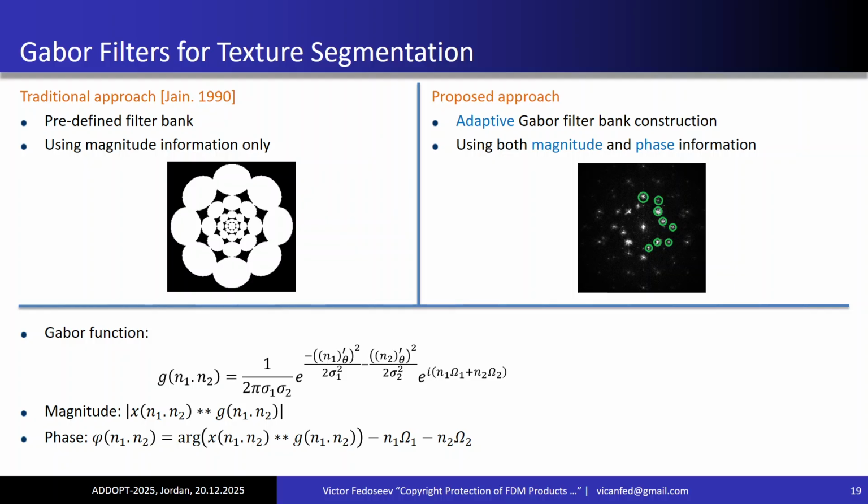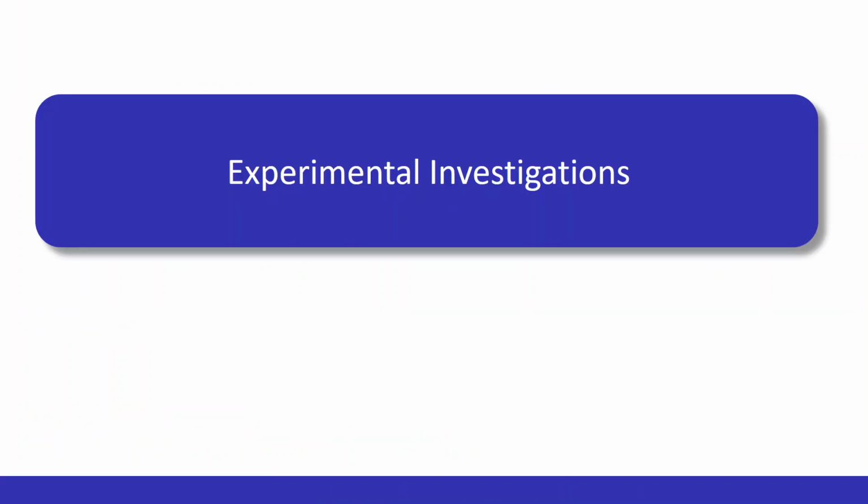The traditional approach uses a predefined filter bank and uses magnitude information only, but we use adaptive Gabor filter bank construction and use both magnitude and phase information, and we analyze the spectrum, find some peaks in the spectrum, and perform narrow band filtering in the neighborhood of these peaks.